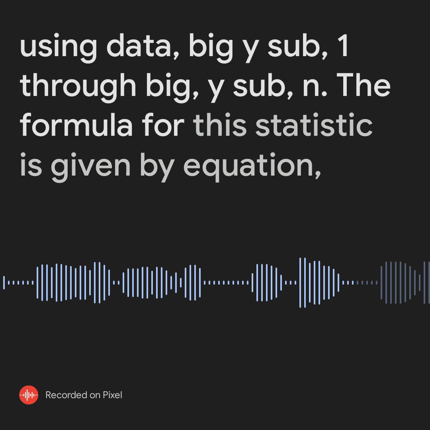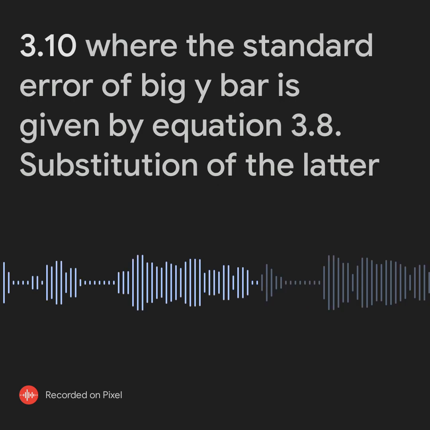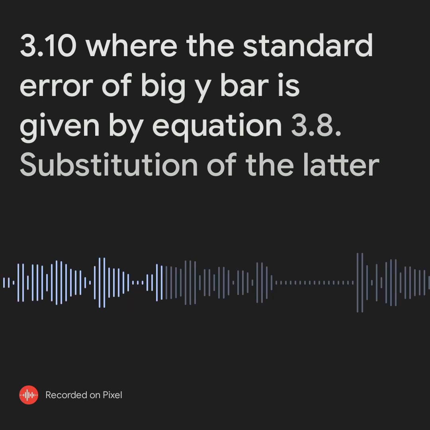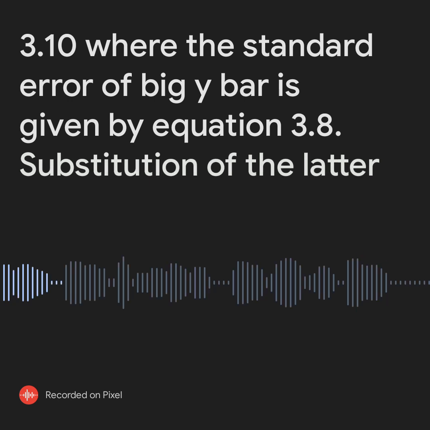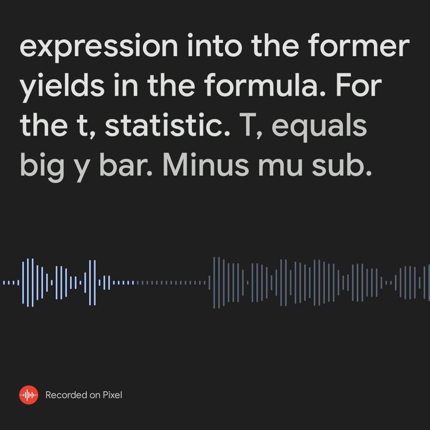The formula for this statistic is given by equation 3.10, where the standard error of big Y bar is given by equation 3.8. Substitution of the latter expression into the former yields the formula for the t-statistic.